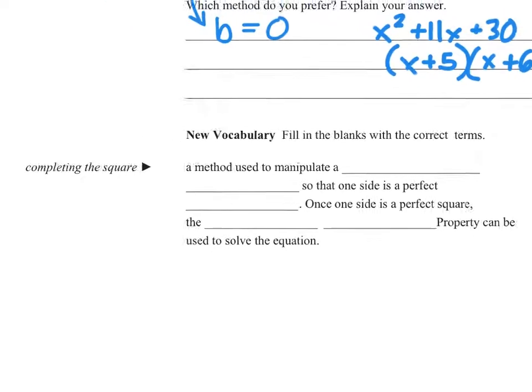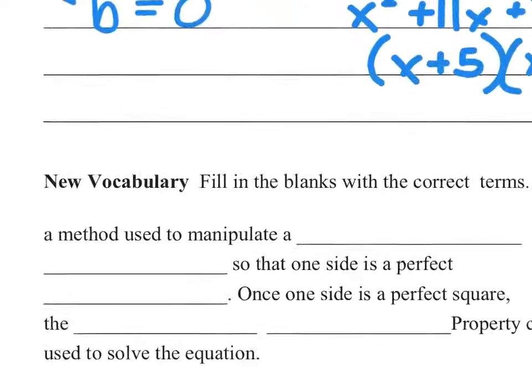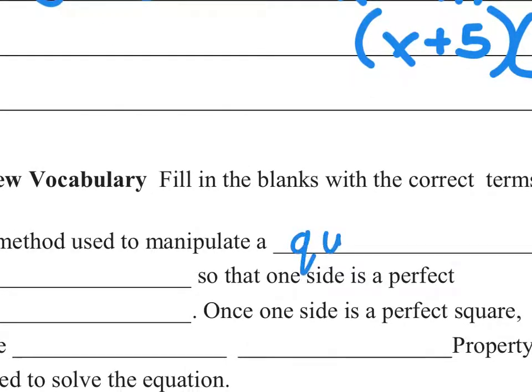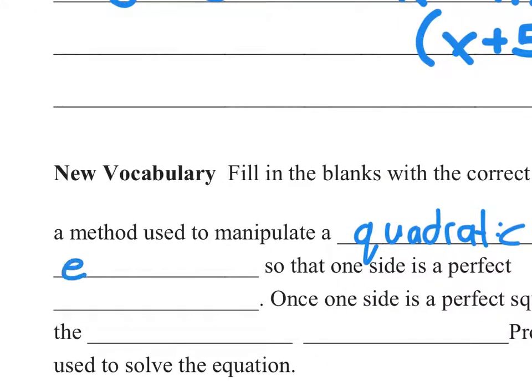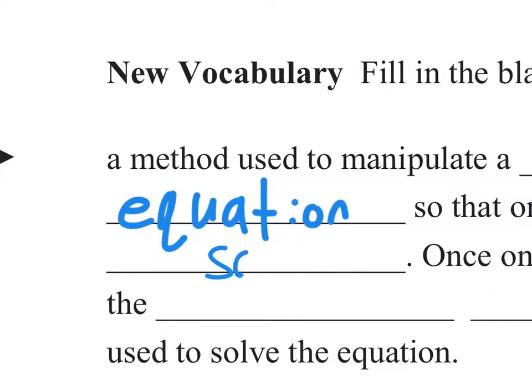And our new method is called completing the square. So it's a method used to manipulate a quadratic equation so that one side is a perfect square.